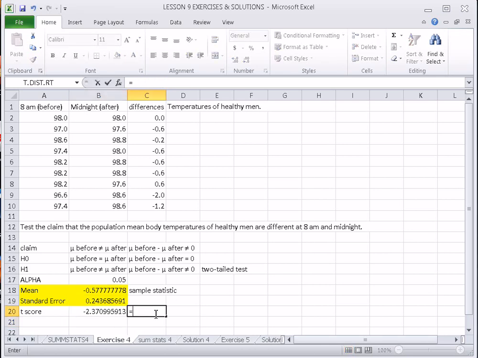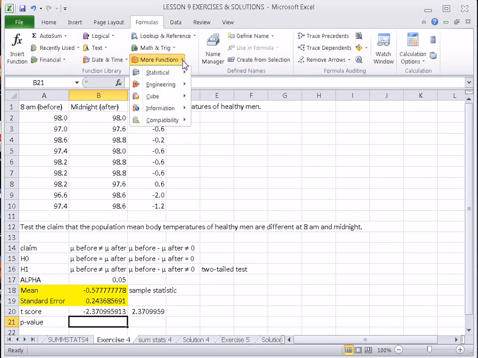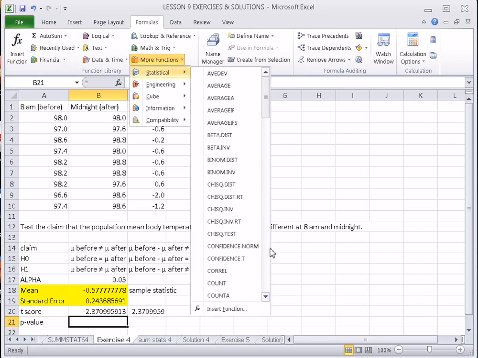Let's go ahead and do the absolute value of that. So that's positive, and we'll use the absolute value to find our p-value, because we have to use T.DIST.2T since we have a two-tailed test.